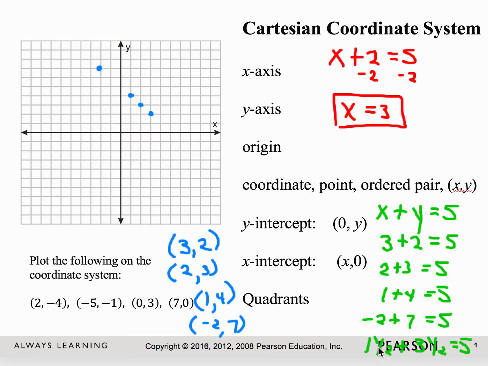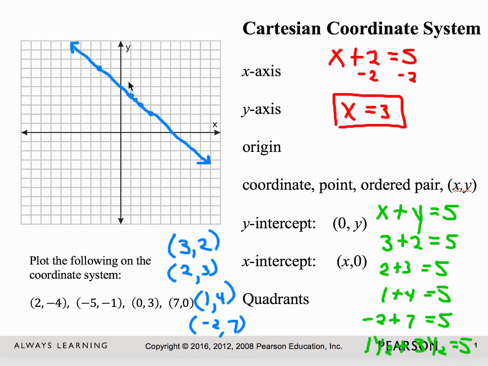Let's do this one, 1.5, 3.5. So over 1.5 and up 1, 2, 3.5. Notice what happens. Hey, all of those points are in a straight line, right? If I connect those points, this is the solution for that equation.